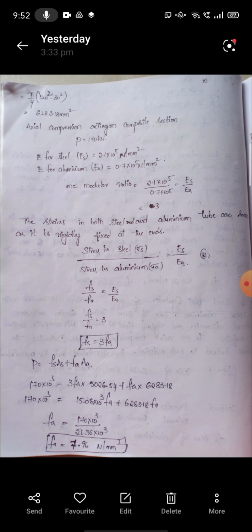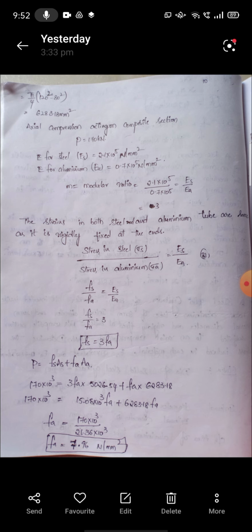So coming to the load, the total load is equal to the load at the steel section plus the load at the aluminium section. So P equals Fs into As plus Fa into Aa. P value is 170 into 10 power 3, nothing but the axial load.